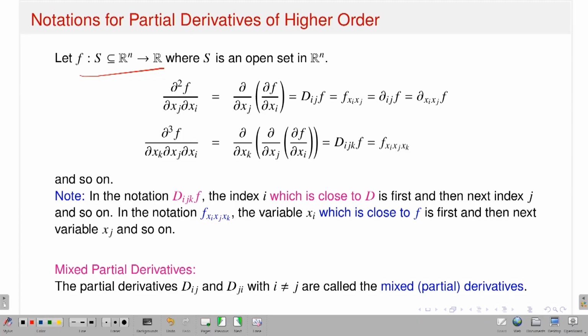Suppose the first order partial derivatives exist, that means del f del x1, del f del x2, and so on exist. So, del f del xi exists for i equal to 1 up to n.